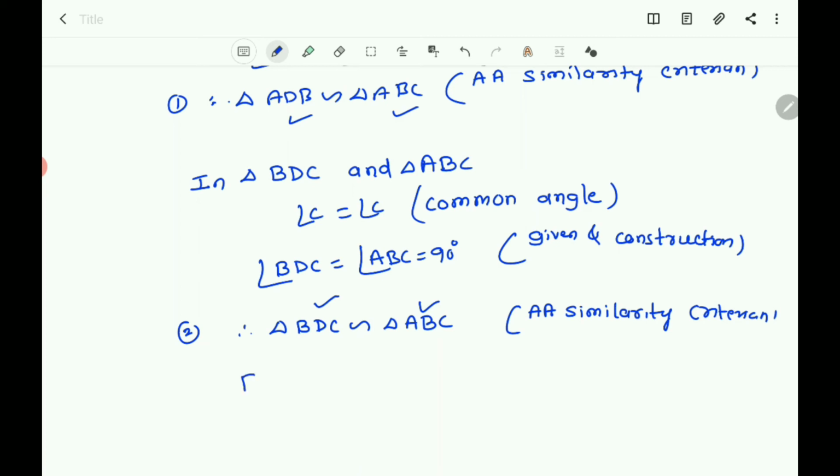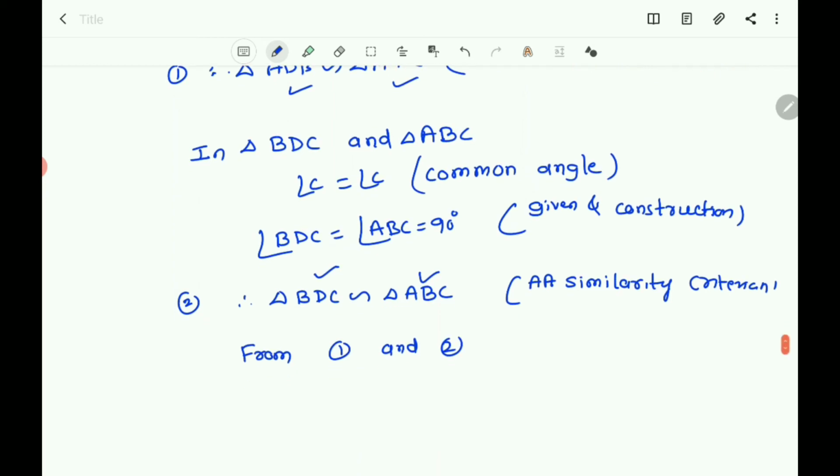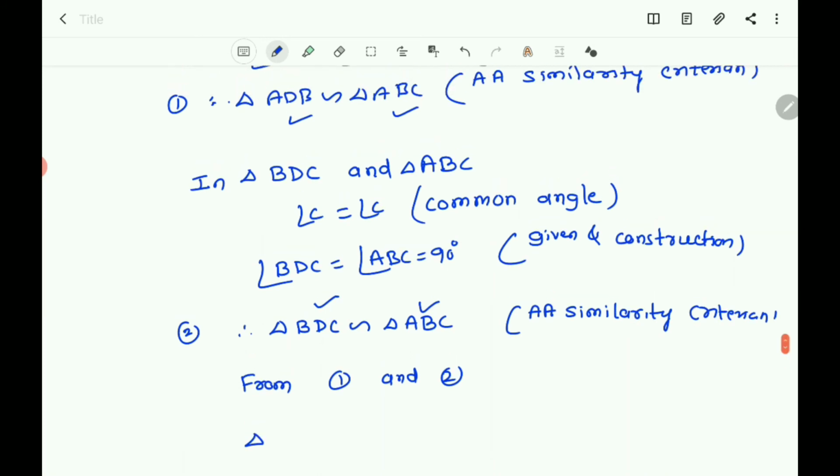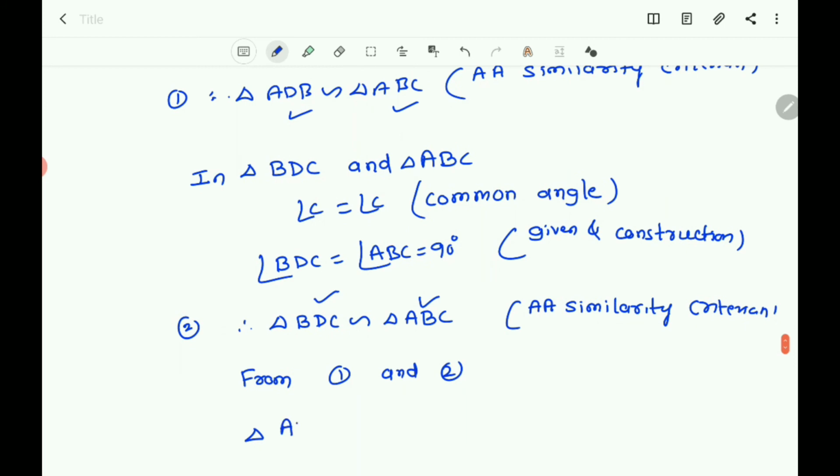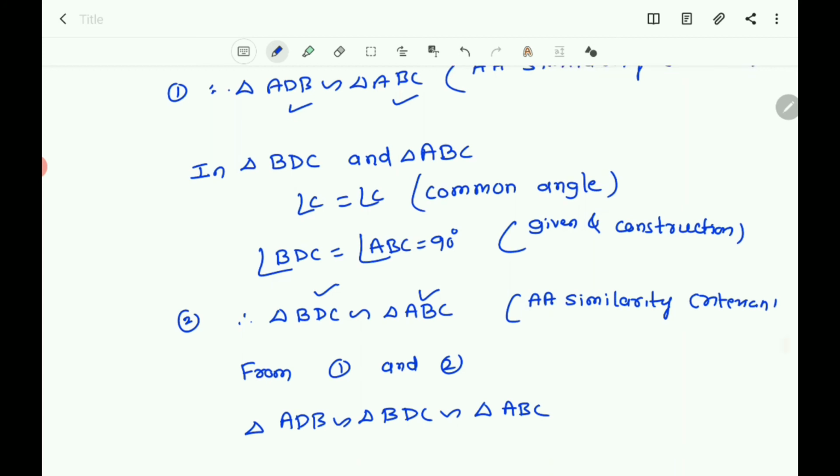So from first and second, you can write triangle ADB is similar to triangle BDC. Both are similar to triangle ABC.